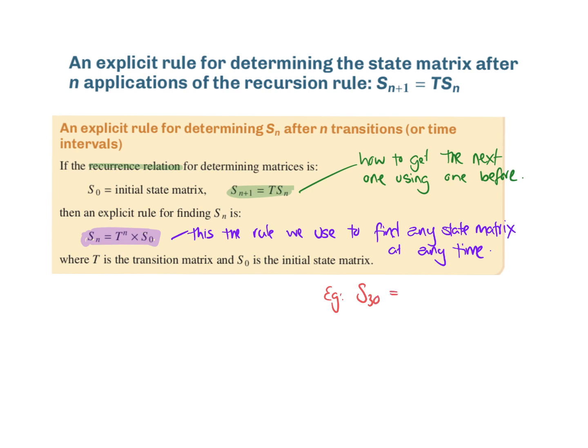What if I wanted to find 30 days later? What you're doing is putting where N is, that's 30 now. The rule says to do the transition to the power of N. Because I want 30, I'm going to do that transition to the power of 30. Remember, on our calculator, it's that little arrow button, and then you get the square. So it's the power of, and then we're going to times it by what happens in the beginning, S0. I'll use that one, and I'll find out what's happening after 30 days.